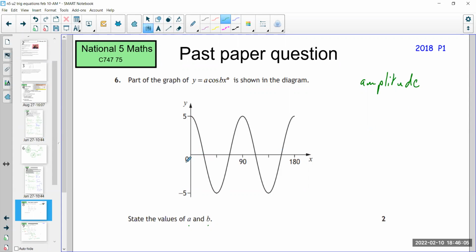This is even easier because it's basically a perfect cosine graph between a maximum and a minimum. So A is just that value here. So amplitude A equals 5 by just looking at my graph.